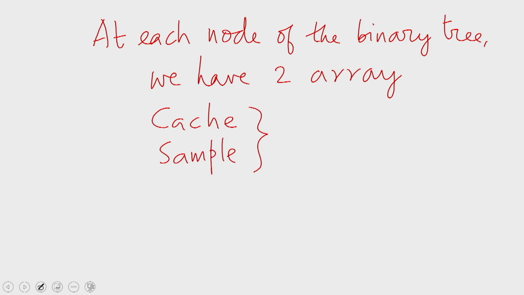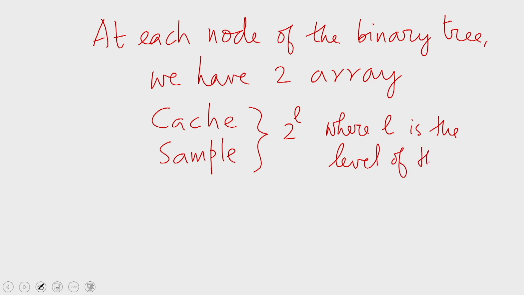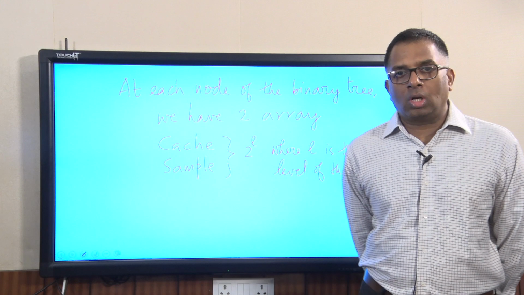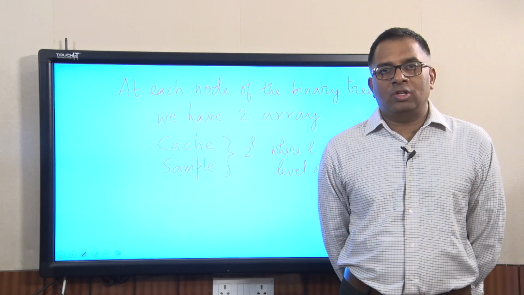Both of these have a size of 2 power L, where L is the level number. Which means leaves have caches and samples of size 1 each and the root has cache and sample of size n each.